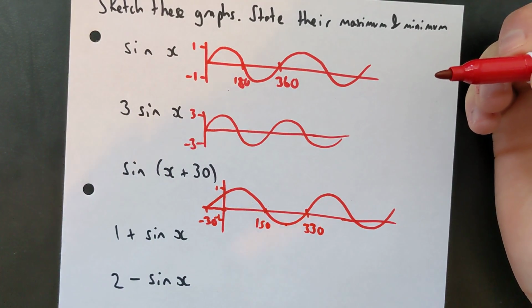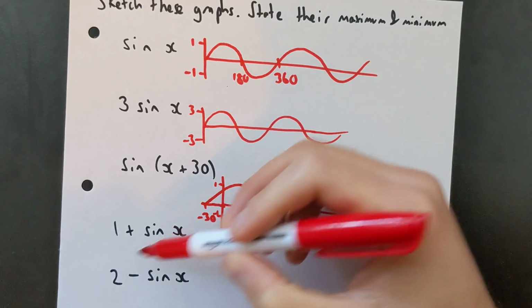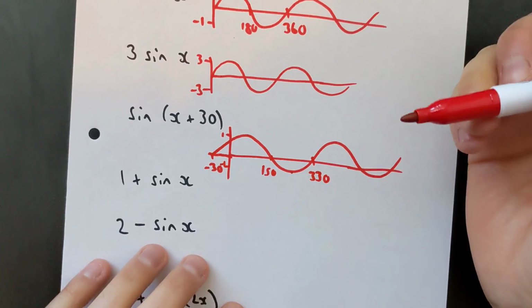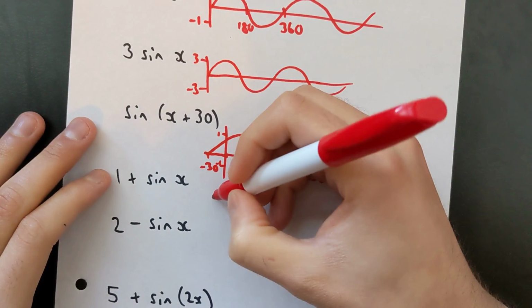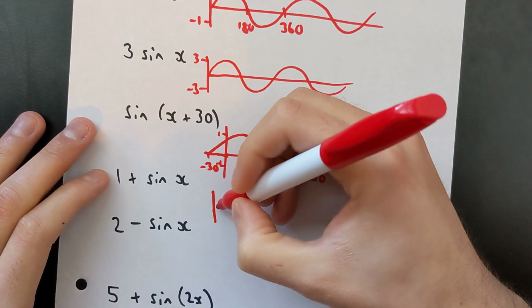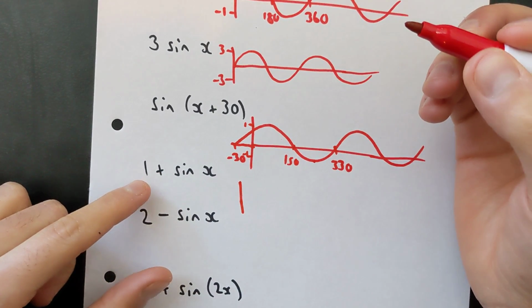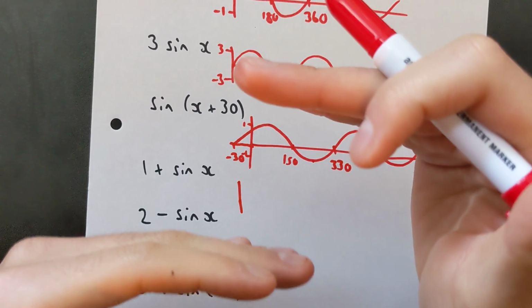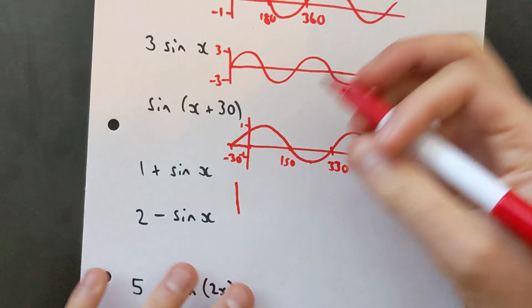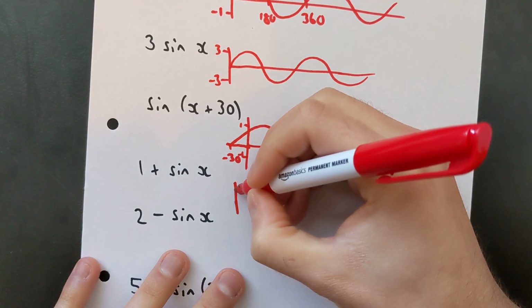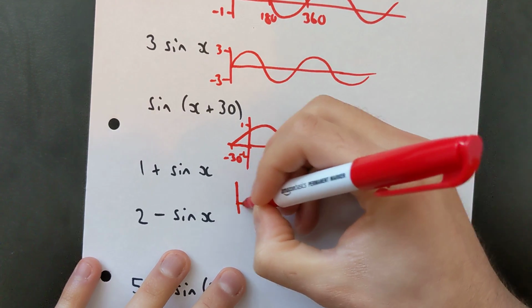So, 1 plus sine x. Again, this one is outside of the function, so this is going to affect the y value. So it's going to do what it says, and it's going to move it up 1. So instead of starting at 0, it's actually going to start at 1.